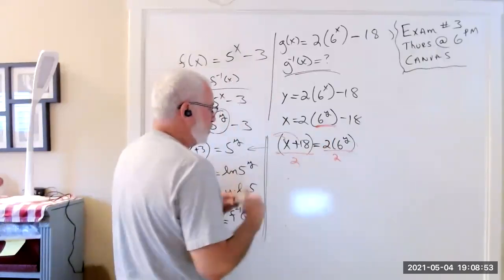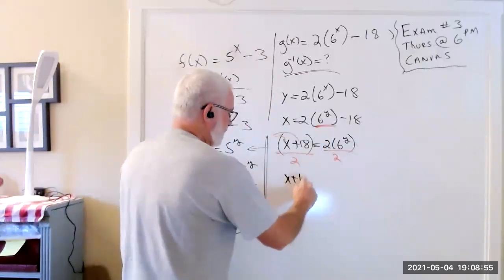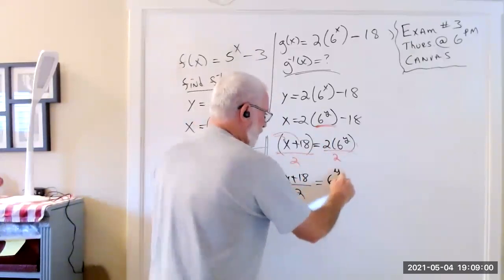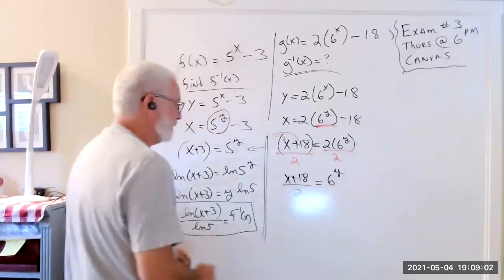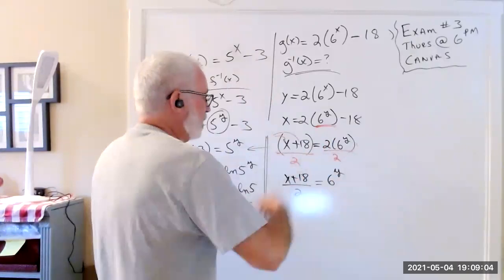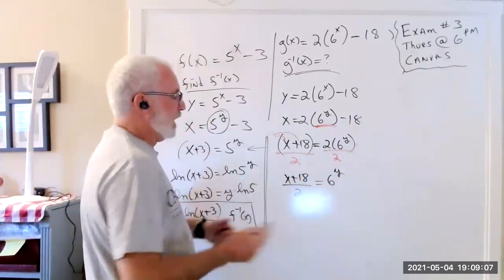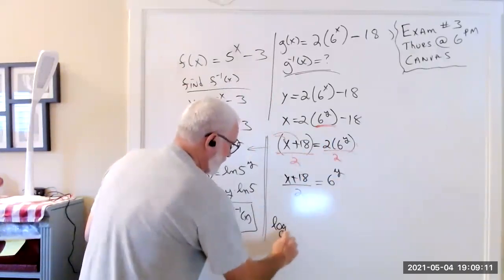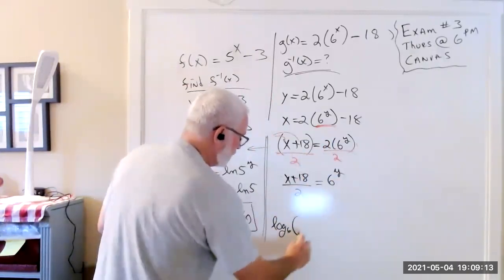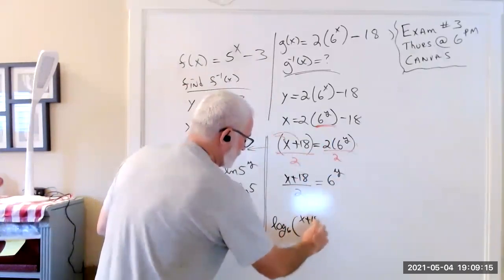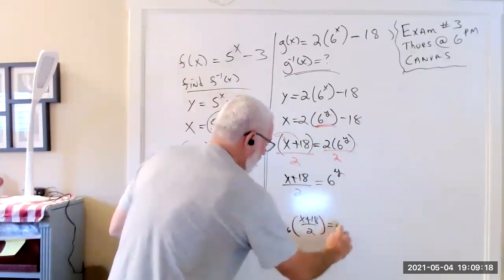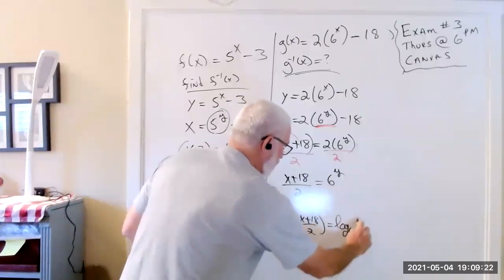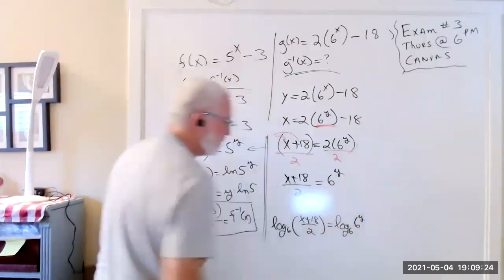Okay, that gives you x plus 18 all divided by 2 equals 6 to the y. Now this is where we have some leeway. If we take the log base 6 of x plus 18 over 2, it'll equal log base 6 of 6 to the y power.